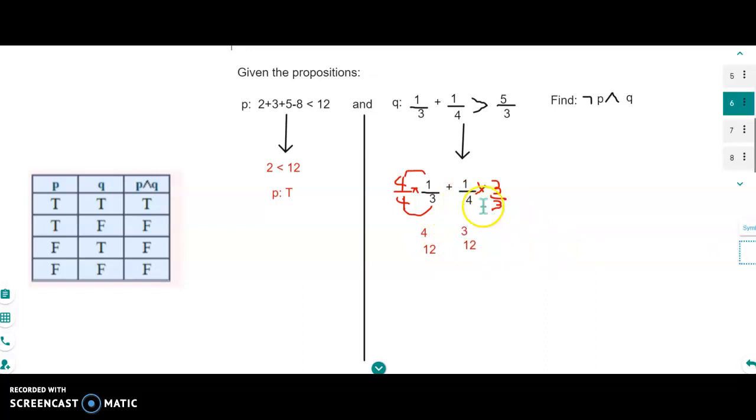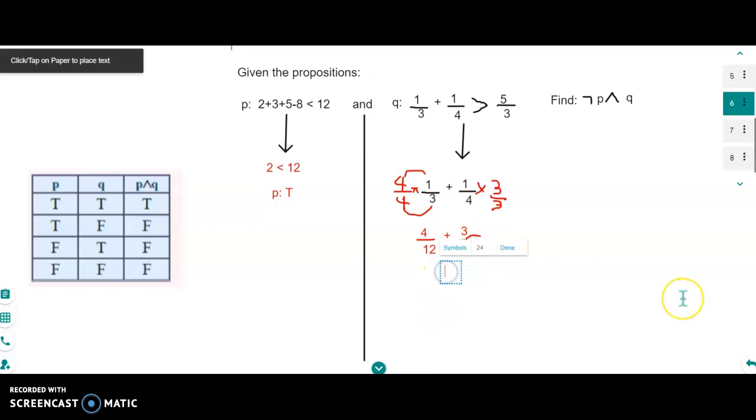So, of course, now we can add these fractions, all right? So let's write the fraction lines here and here. I'm sorry for the line. So now we can add 4 plus 3, that makes 7, 7 over 12.